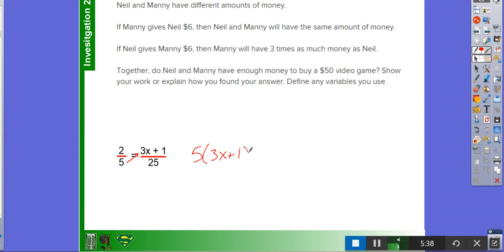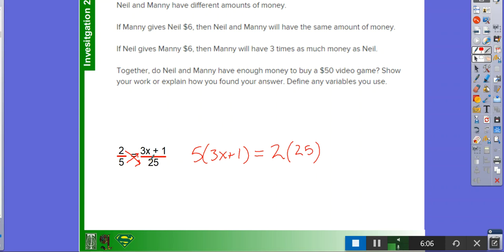Interestingly enough, cross multiplication is just a derivation of train tracks. Essentially what we're doing is multiplying both sides by 5. And then we're also going to multiply 2 times 25. In other words, we're just dividing both sides by 2, but this is just a quicker way of doing it.